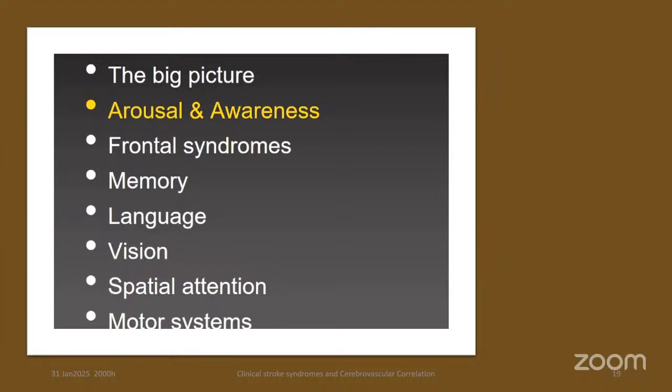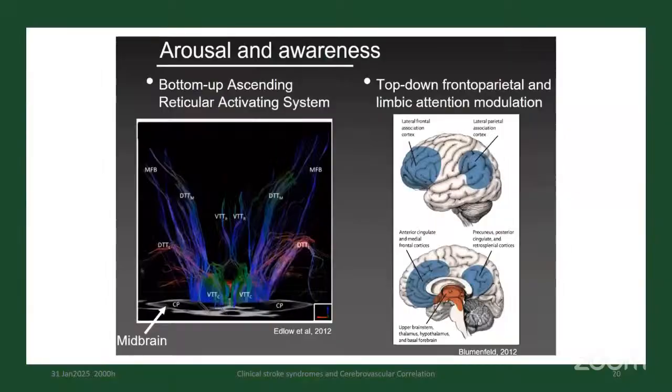Then attention becomes very important, because human beings have evolved over the centuries, and the frontal lobes are very important for humans, and most of the defects you can find are in frontal lobe functions. Memory is very important, language, vision, spatial attention, motor systems, all these are affected in various combinations in strokes depending on the neuroanatomy. That's why we are having this class today.